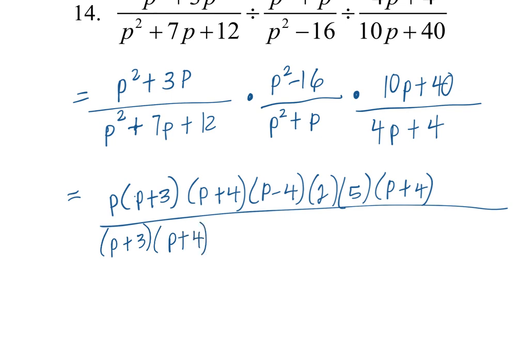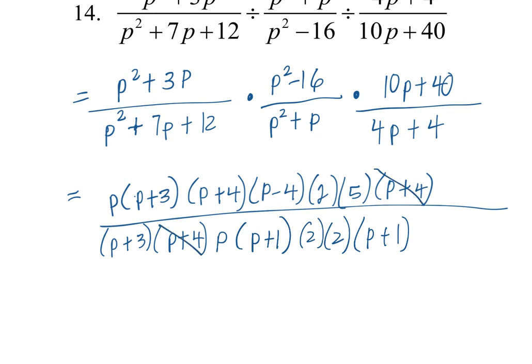I can factor out a p from the p squared and the p right there, so that I would be left with p plus 1. And the 4p plus 4, I could factor out a 4, which is really 2 times 2. And if you factor out a 4, you're left with p plus 1. So what cancels?